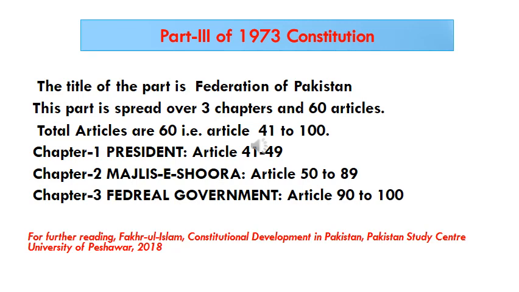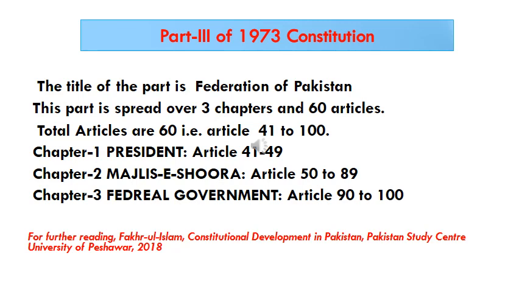Khyber Pakhtunkhwa has 61 members in the National Assembly. Punjab has 173 members, and Sindh has 75 members in the National Assembly.